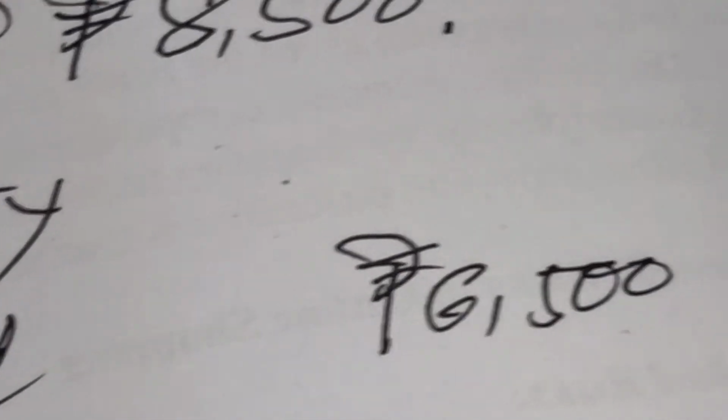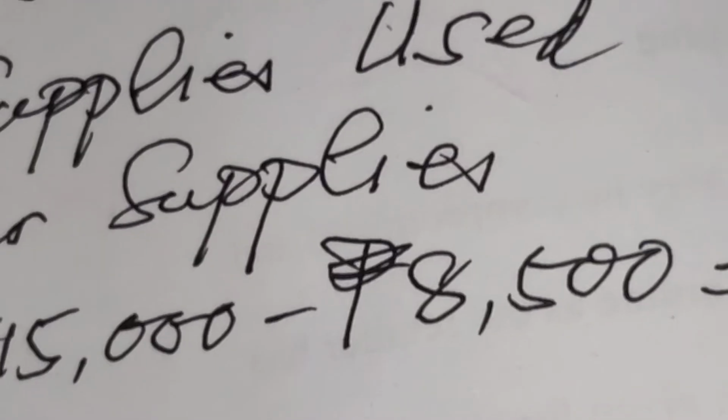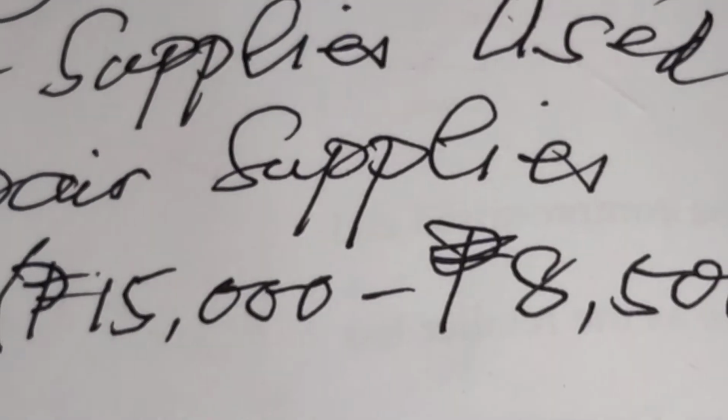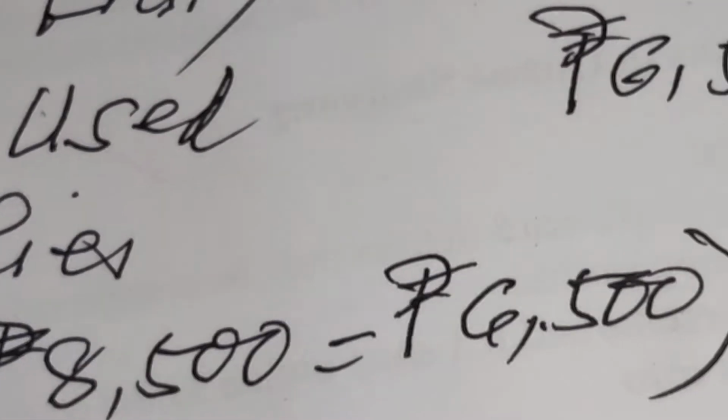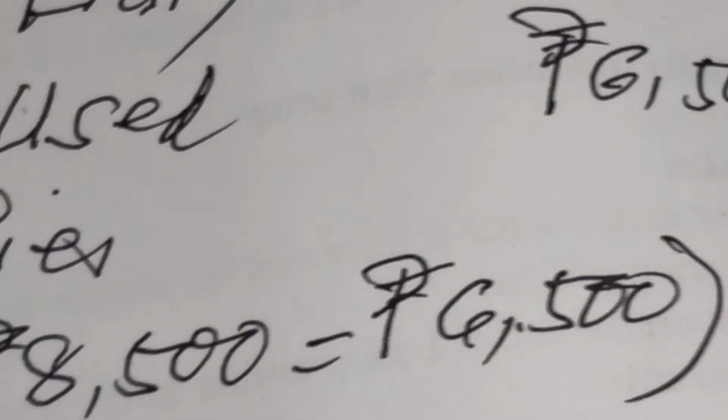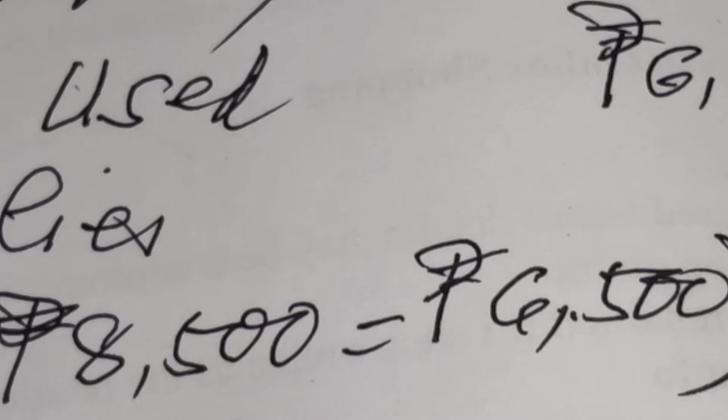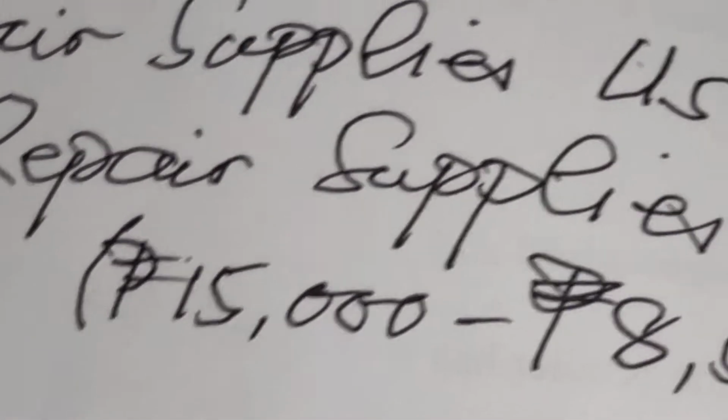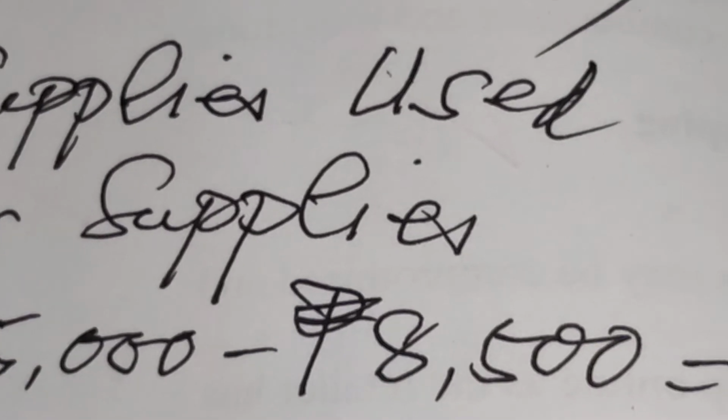You debit repair supplies used 6,500. How do we get 6,500? The 15,000, less the 8,500 remaining, is 6,500. The 15,000 less the 8,500 that remains is what you used. Okay.